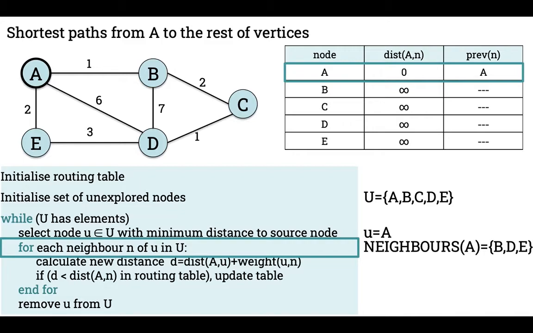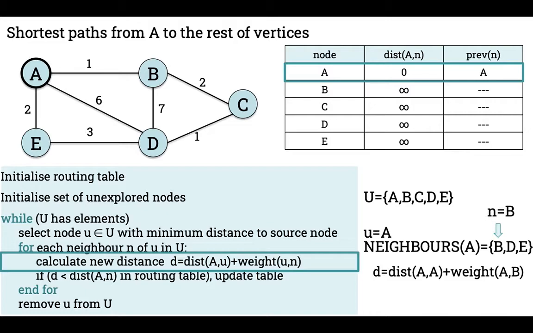Let's start processing neighbor node B. We must calculate the distance from the source node A to the neighbor node B by using the route that passes through A. This is the distance from A to A plus the distance from A to B. In this case, this is equal to 0 plus 1. So we now know that the route that goes from A to B passing through A has a total distance of 1.